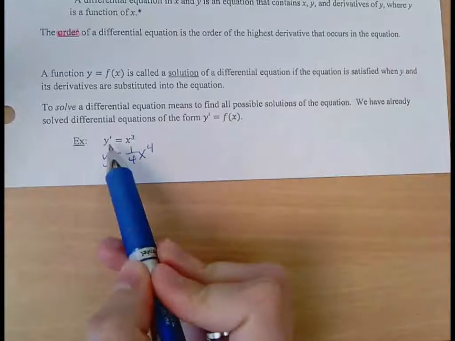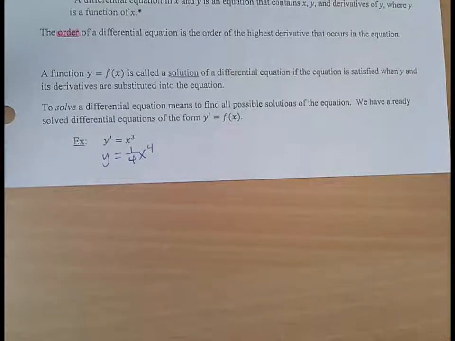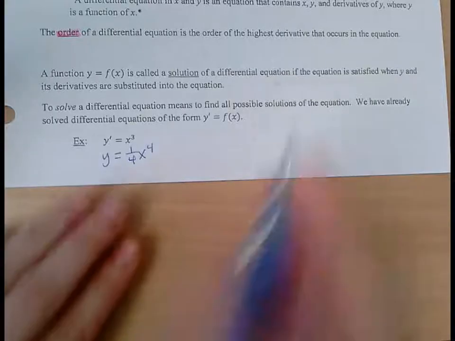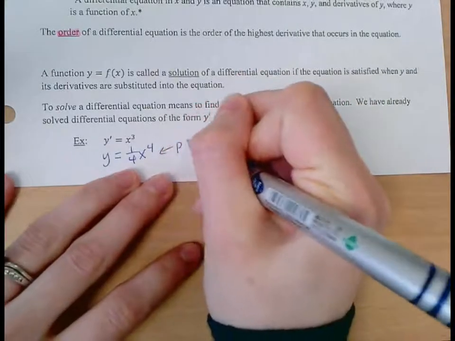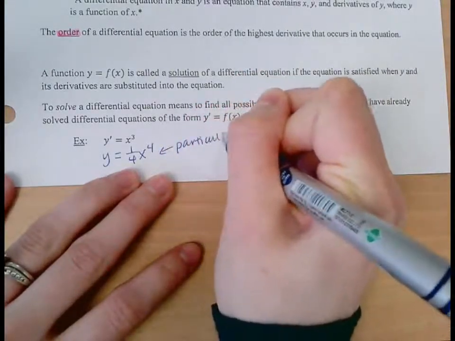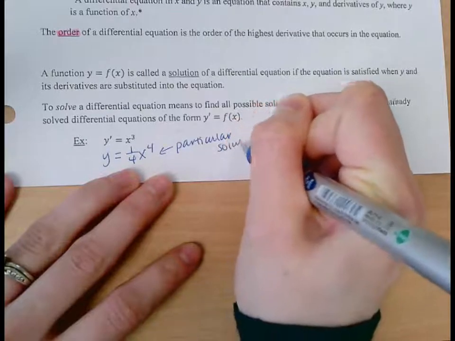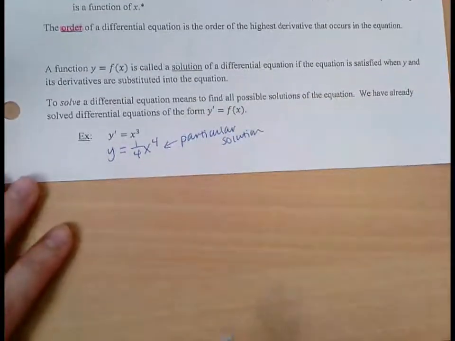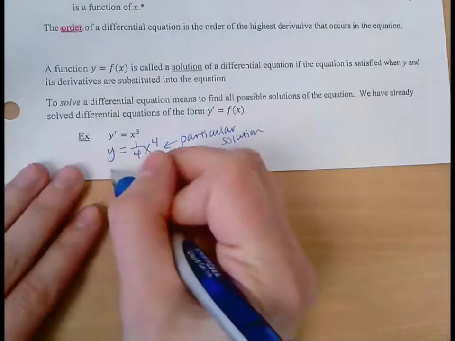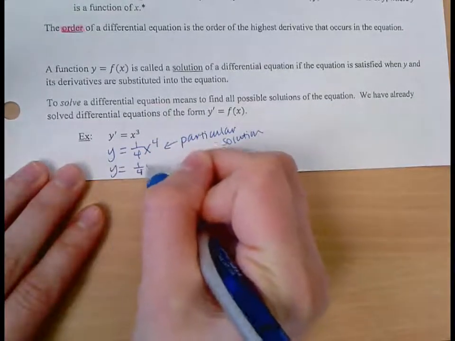Okay, if the derivative of a function is x cubed, you're thinking, what function has the derivative x cubed? You're taking the antiderivative. So you have already solved some differential equations. We just didn't talk about them as differential equations. Okay, this here would be a particular solution. If it asks you for the most general solution, you would have to include the plus c.